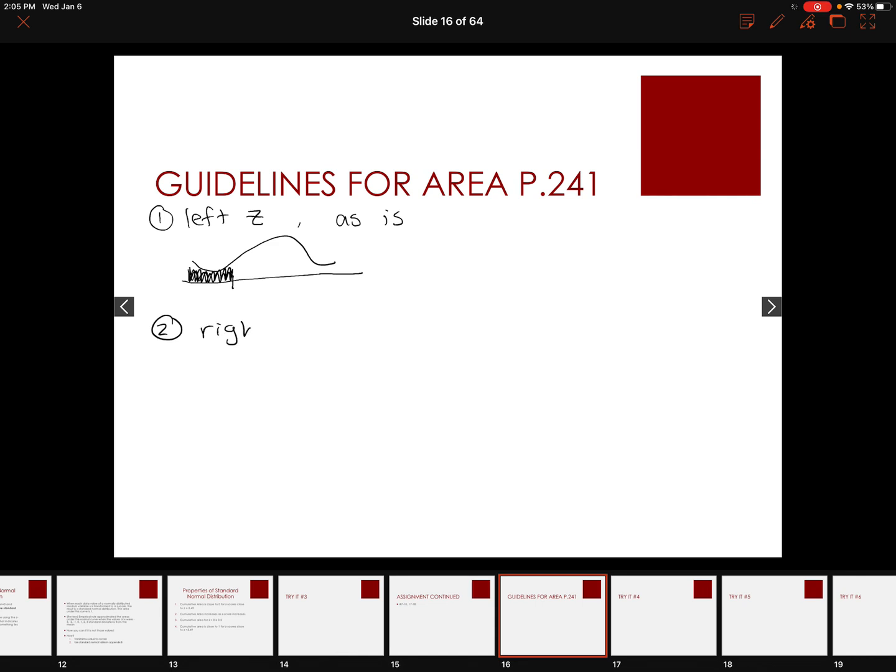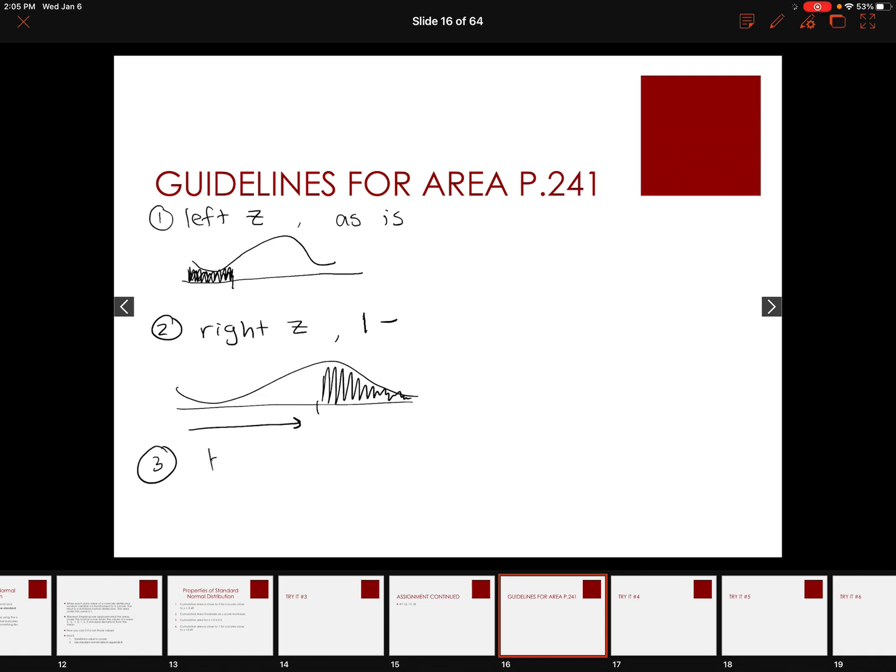But if they say to the right of a z-score, I'm looking at something like this, where everything to the right is shaded. Now I know going this way, everything should add up to 1. So to find my area, I'm going to do 1 minus whatever number I find on the table.